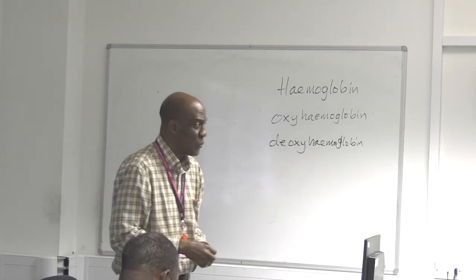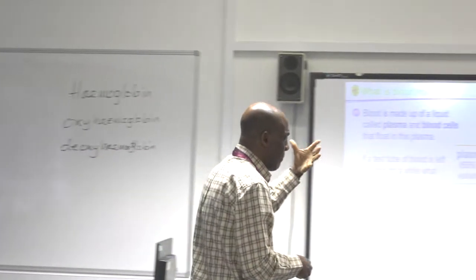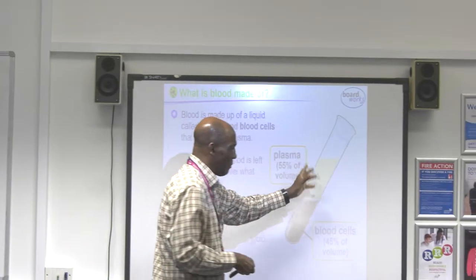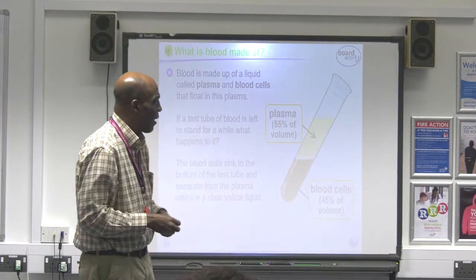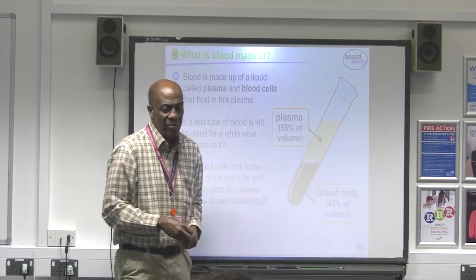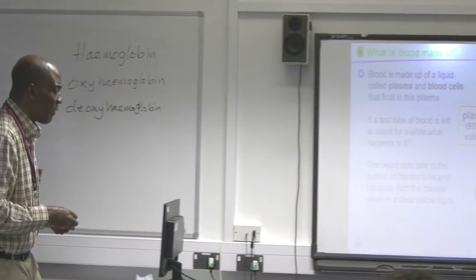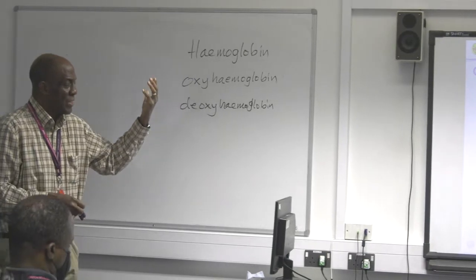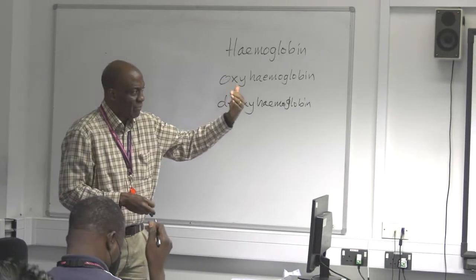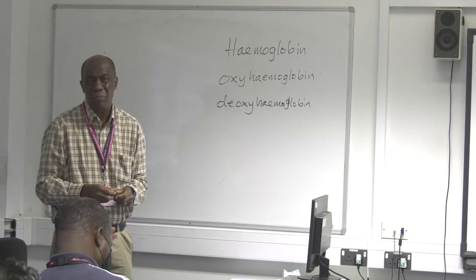So there's more to do with the plasma. So find time to research more on the plasma and then see how the plasma helps the body to function or perform.